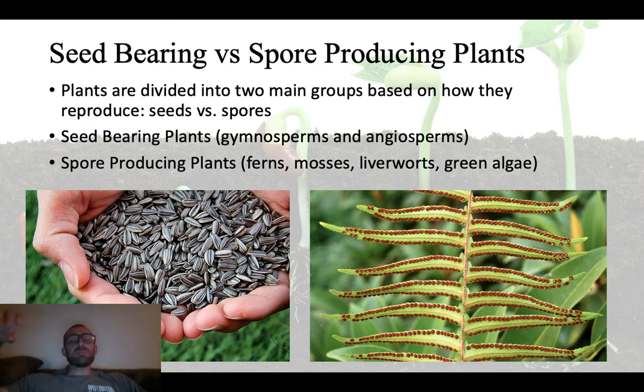Our seed-bearing plants are the plants that we're going to focus on. They include gymnosperms and angiosperms, which we'll look at in a second. Whereas our spore-producing plants are those such as ferns, mosses, liverworts, and green algae. We're not really going to focus on them too much. We're going to focus our time throughout this course on our seed-bearing plants.